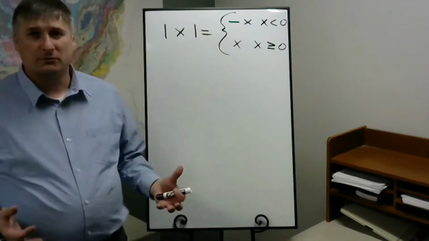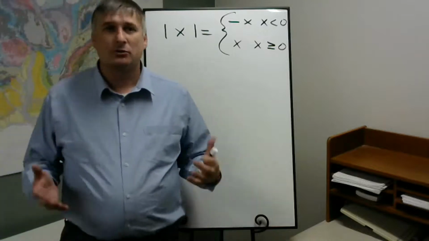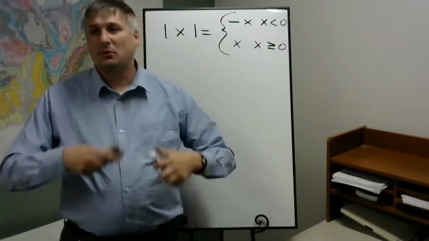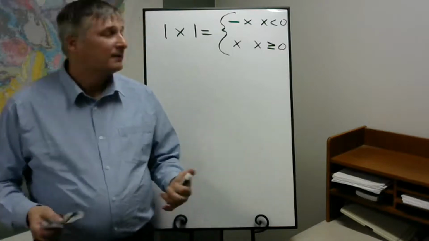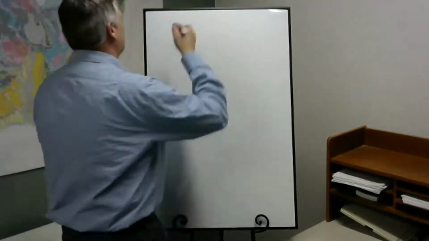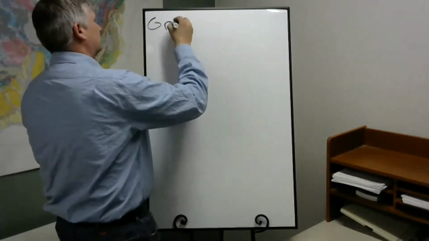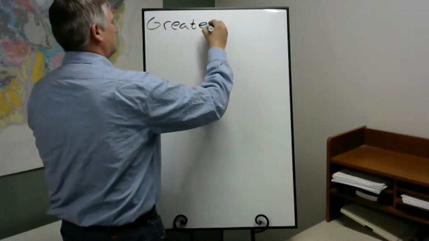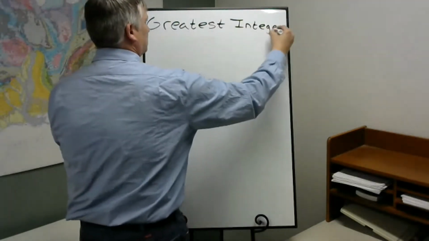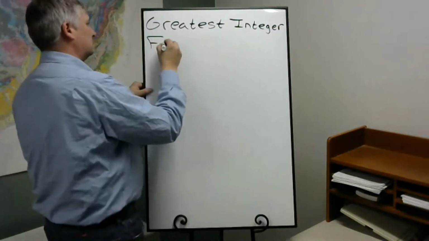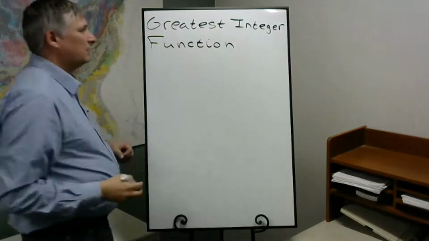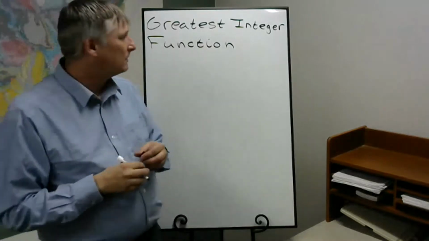What we're going to look at with these next two functions is we want all of our numbers to be integers, instead of, say, decimals with numbers behind the decimal point. So first off, the greatest integer function.